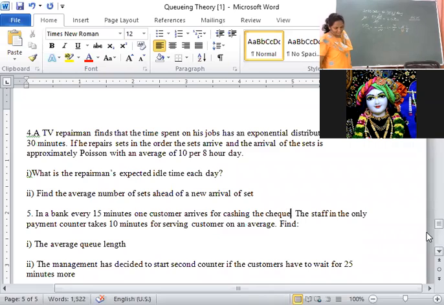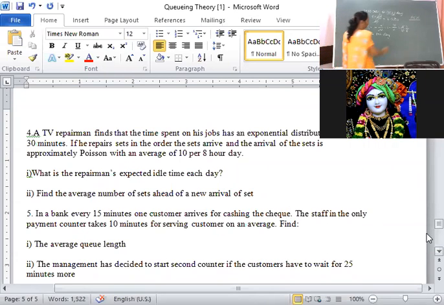Next, here we got 3 upon 8. What is the repairman's expected idle time each day? They asked each day. That means we have to write idle time per day. We have to find out the repairman's idle time per day.